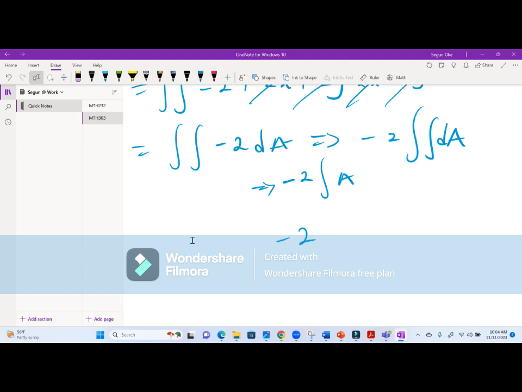Go and check your notes. You will see at that point when you are solving it, what does it equal to? Integral dA. Yes, I know it's integral dA. You are right. But where A is what?